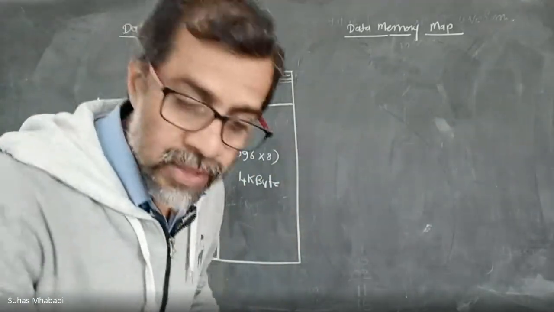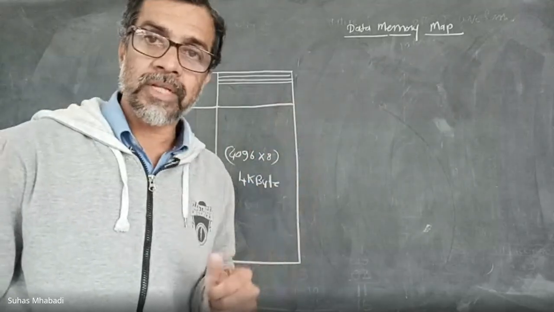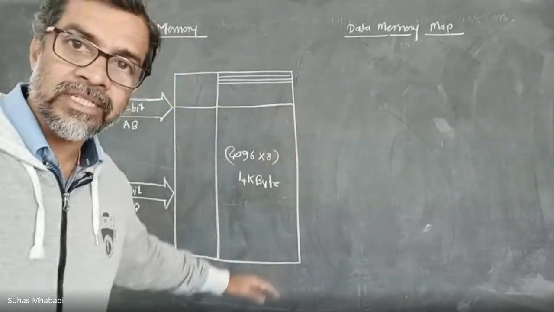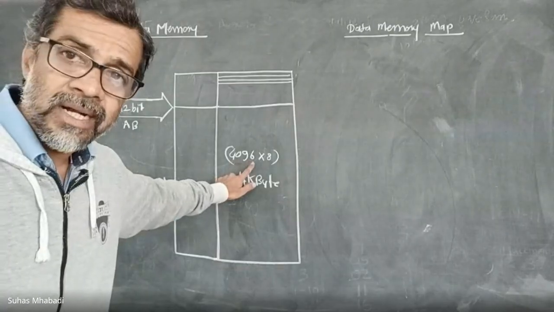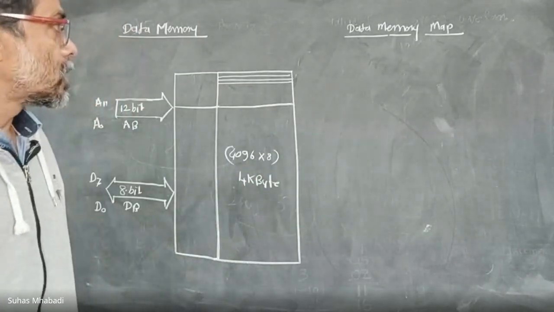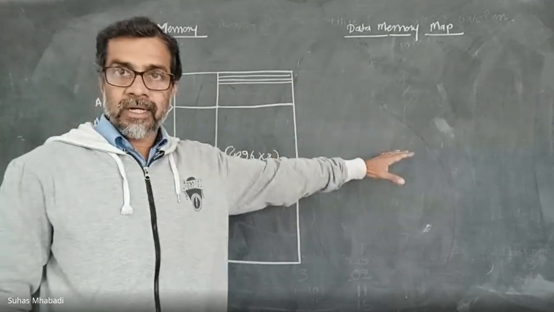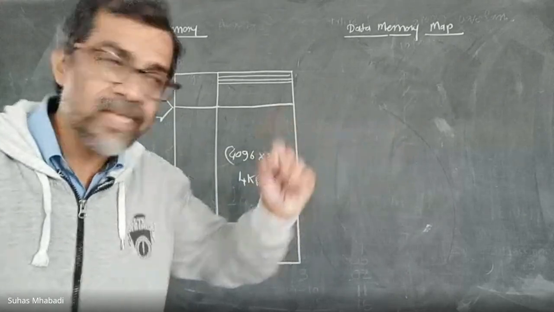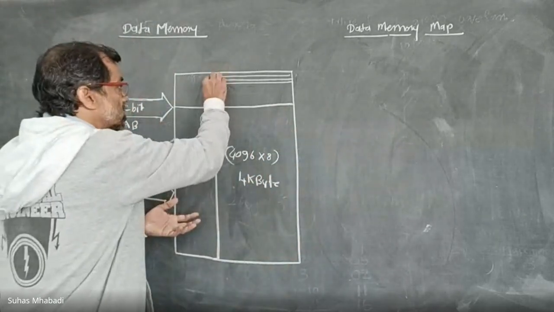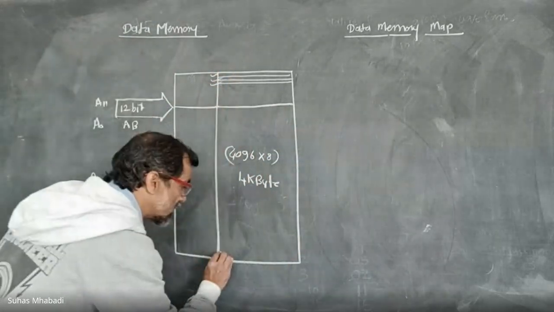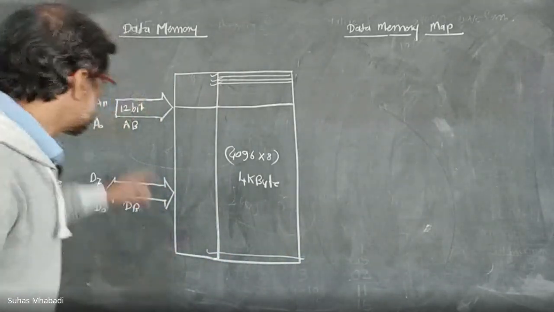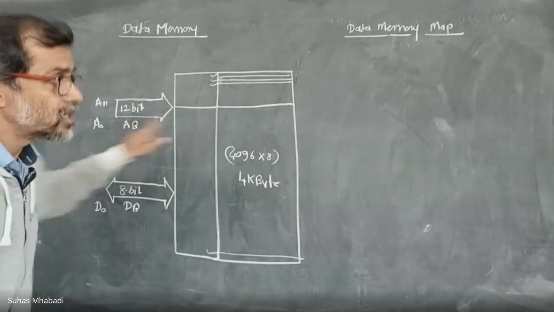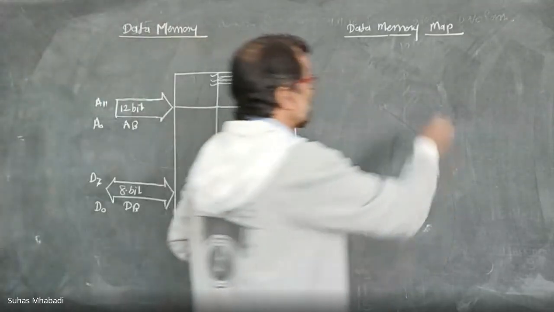So let us see how they have restructured the entire set of registers present in the memory. There are a total of 4096 registers. So I'm going to draw one map and define the address of the first, second, third, and likewise the address of the last register in terms of the address bus present here.